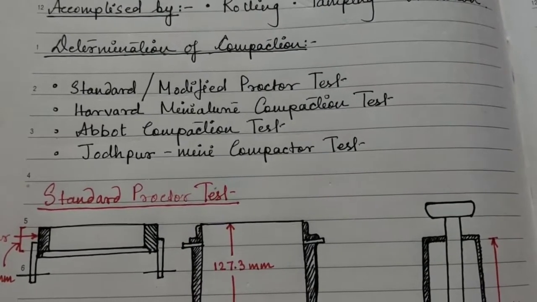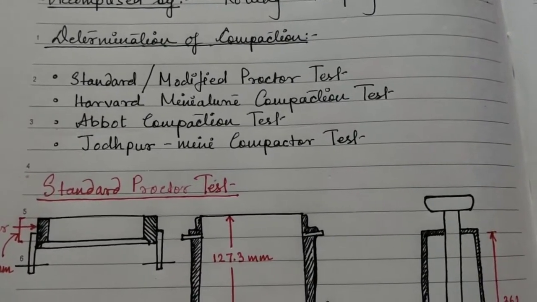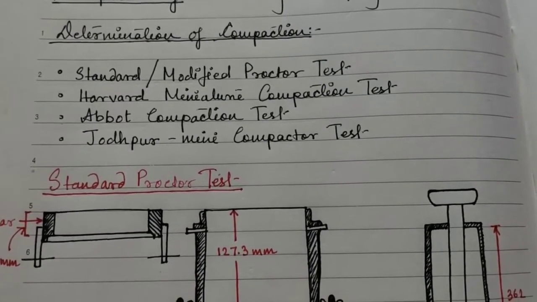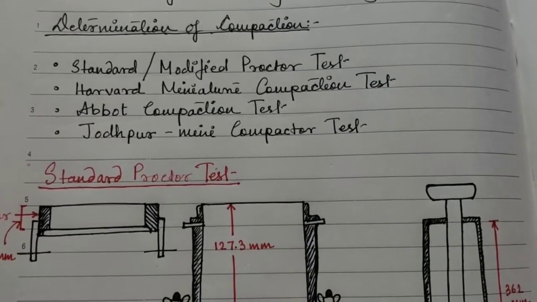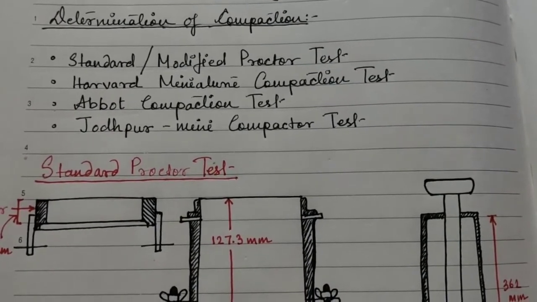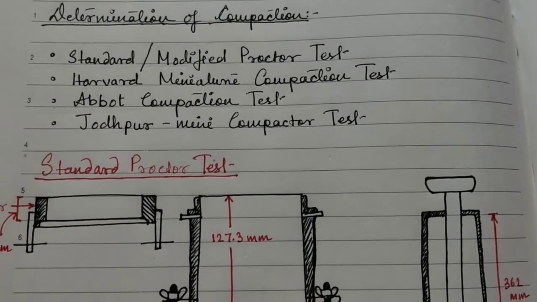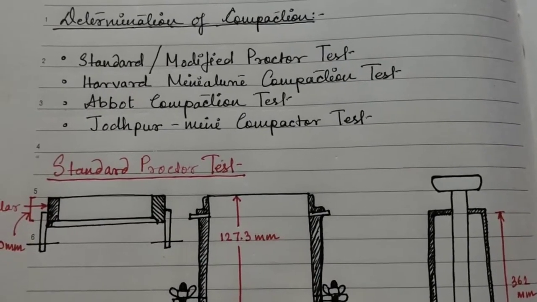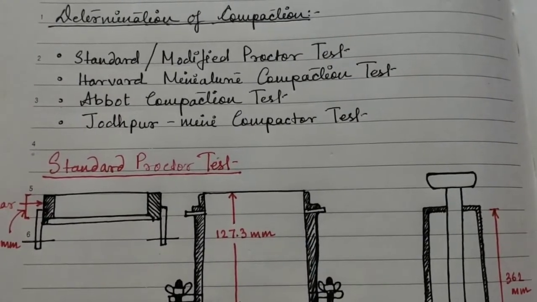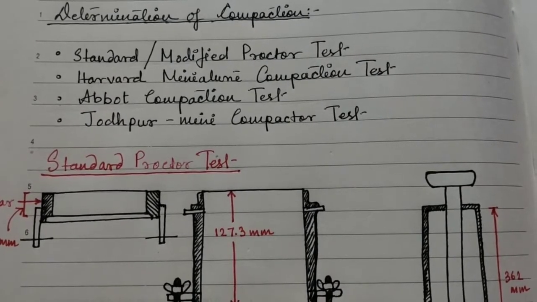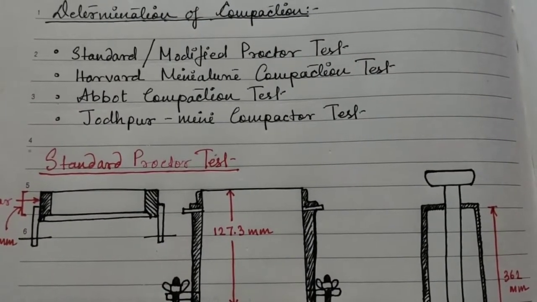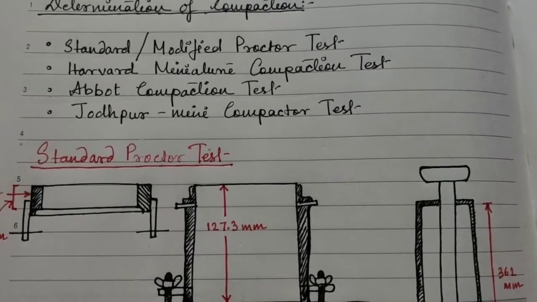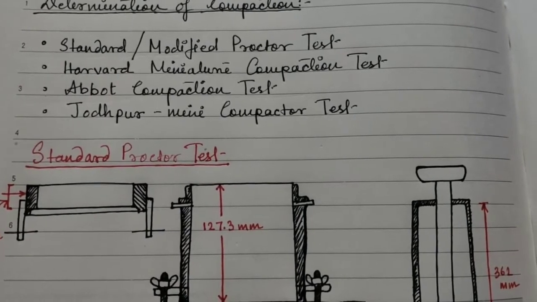How is water affecting it? Suppose you take a very simple example: for building any kind of construction, you will see that for filling material some kind of white sand is used. After placing the white sand, you can easily see that this white sand is tamped with a tamping rod. Along with the tamping, water is sprinkled on top of the white sand.